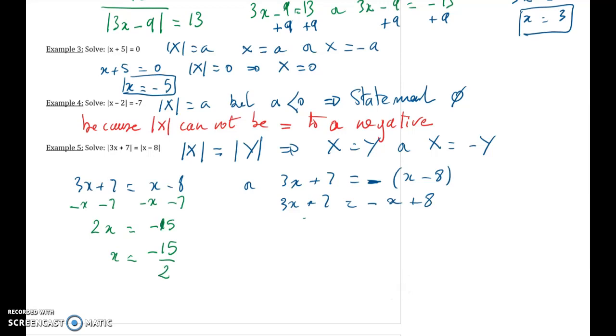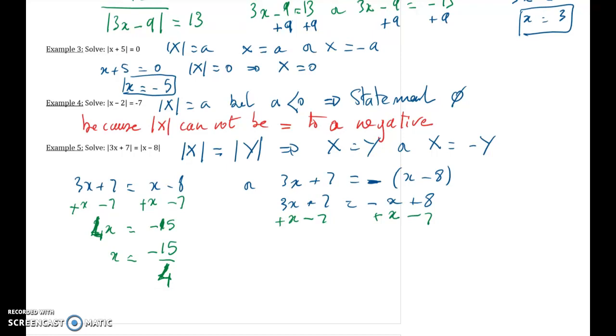On the other side, I'm going to subtract 7 and add x. See, I made a tiny mistake. I have a 4 right here, and if I divide by 4, I get negative 15 over 4.